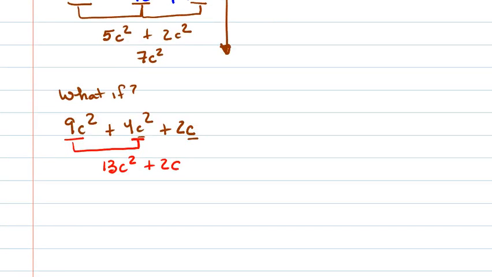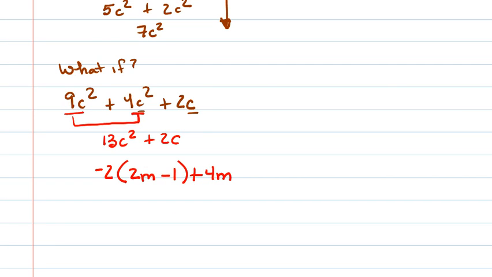Now let's do one that's a little bit more complicated. Let's say I have negative 2 times 2m minus 1 plus 4m. And I want to simplify this variable expression. Well, notice I don't have all addition here, so I need to fix this first. I'm going to add the opposite here, so I DPS'd it.